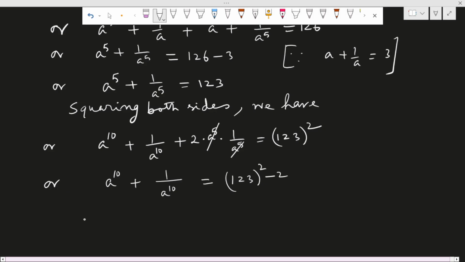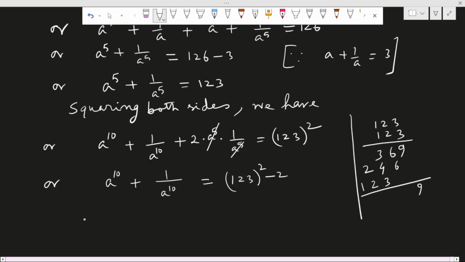Now finding 123 square, that means 123 into 123, 3 3s are 9, 6, 3, 6, 4, 2, 3, 2, 1, 9, 12, 3, 4, 7, 10, 11, 5, 1, minus 2.